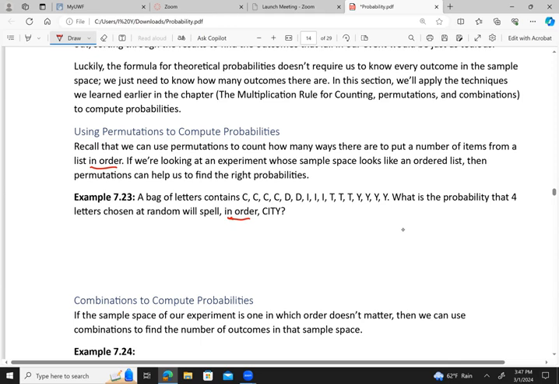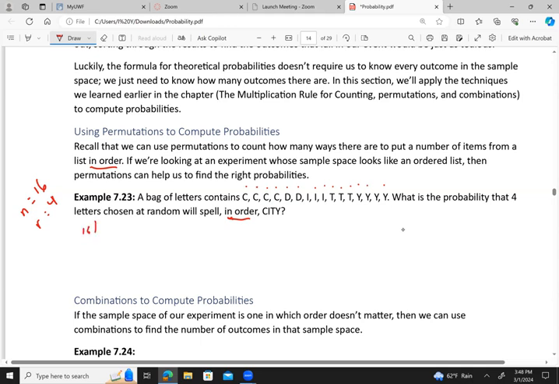So the first thing we need to do is find out how many 4-letter arrangements of these letters there are. To do that, we need to know how many letters we have: 1, 2, 3, 4, 5, 6, 7, 8, 9, 10, 11, 12, 13, 14, 15, 16. So we know that n equals 16, and we are choosing 4.